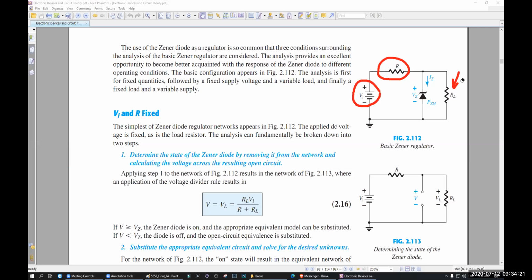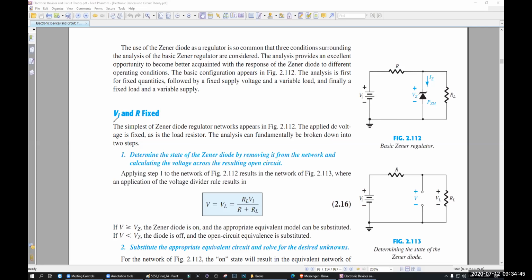Next, when your R and RL are fixed, VI is variable. Next, when your VI and RL are fixed, but R is variable. Okay? So this is how we can calculate.